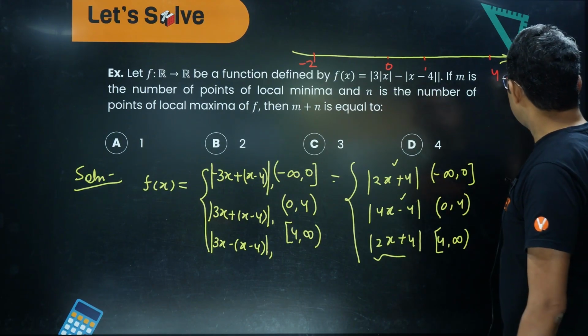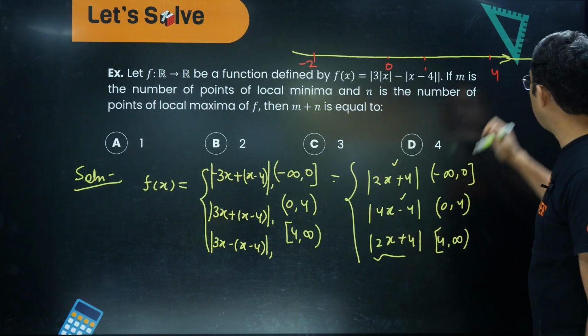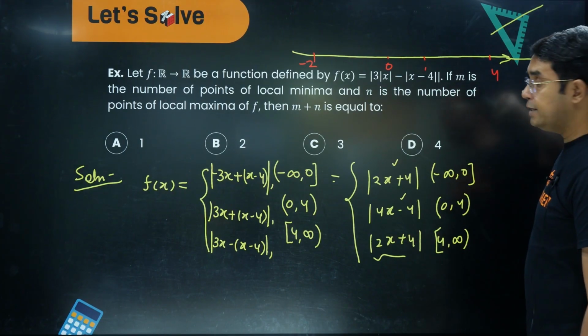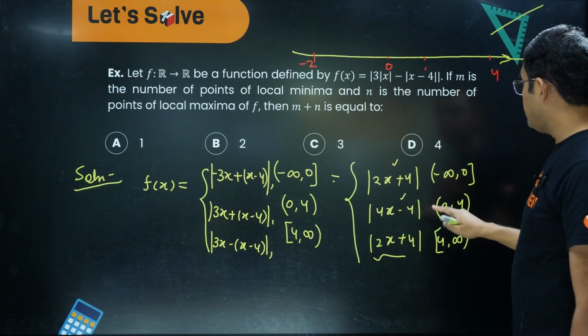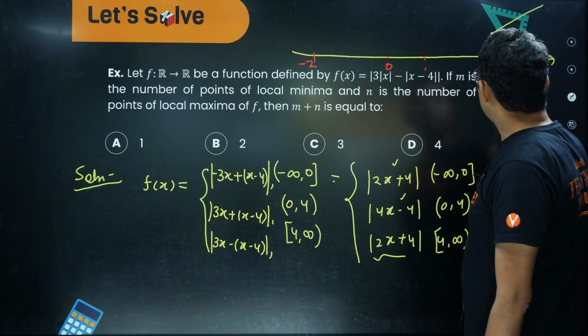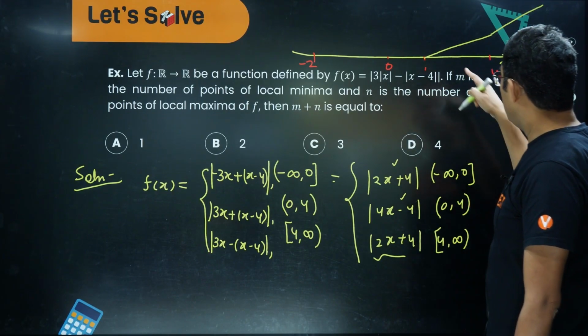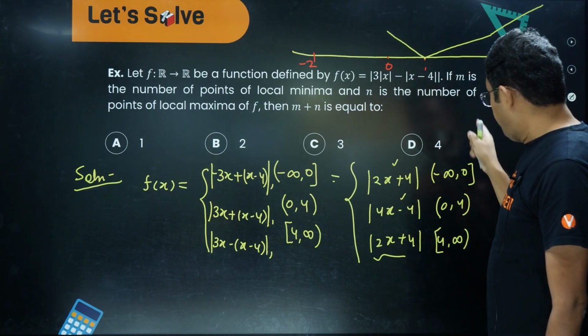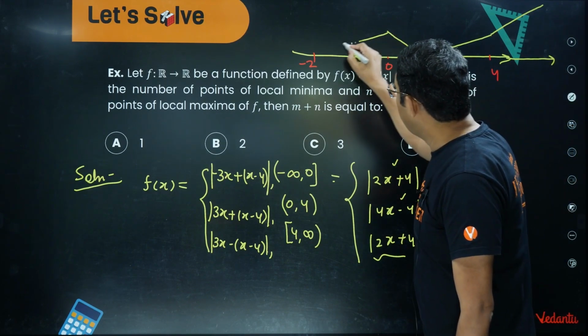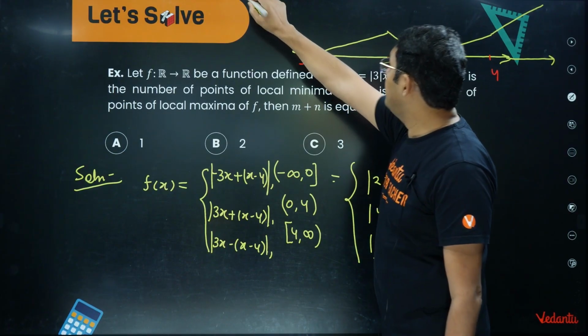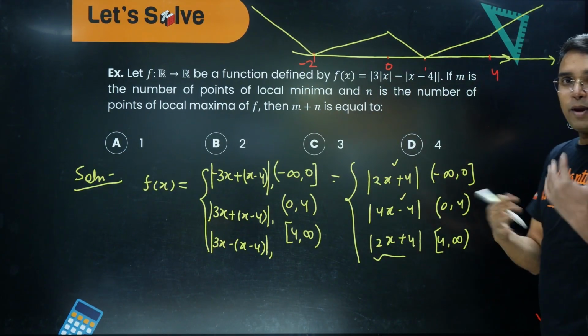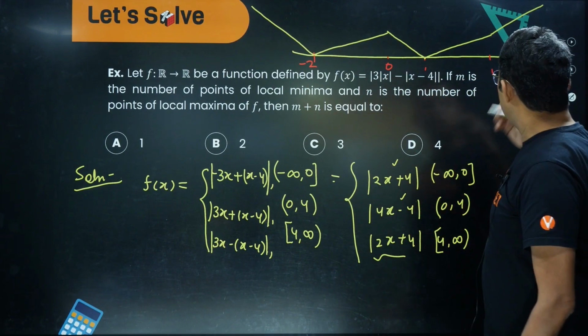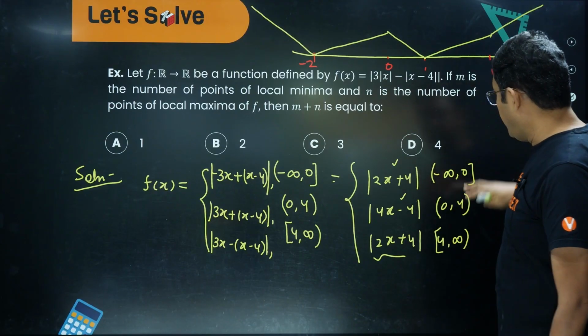Now from 4 to infinity, at 4 the value will be 12, so the graph will be going like this. Between 0 to 4, at 1 it will have a corner point, and till 0 also like this. Before 0, again it will have a corner point at minus 2, and it will be going like this. The slope can be a little bit changing depending upon actual values.